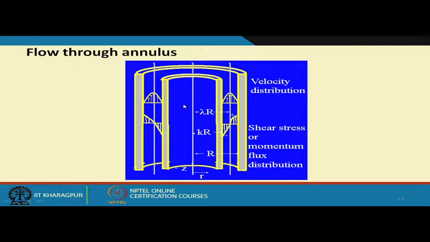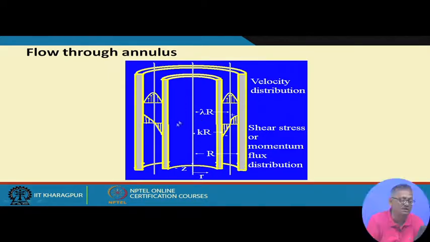Here you see we have neatly drawn that this is one pipe, and this is another, this is the section of the pipe which is having annular flow, right. So, we are not concerned about the fluid which is flowing through this, but we are concerned about the fluid which is flowing through this annular place.